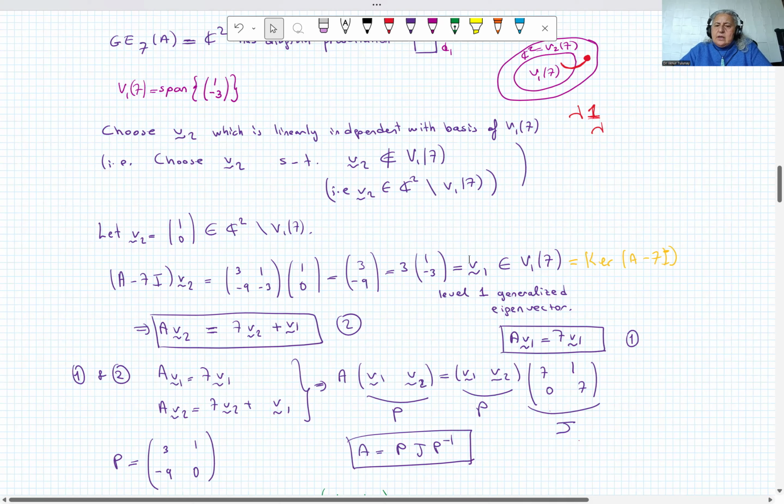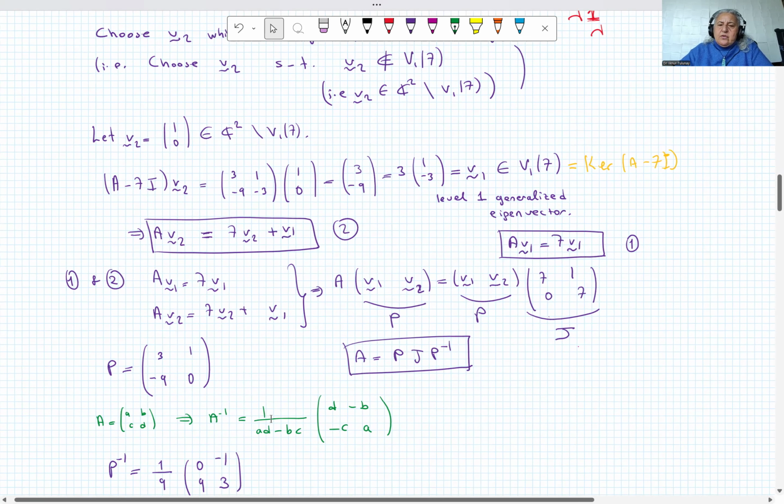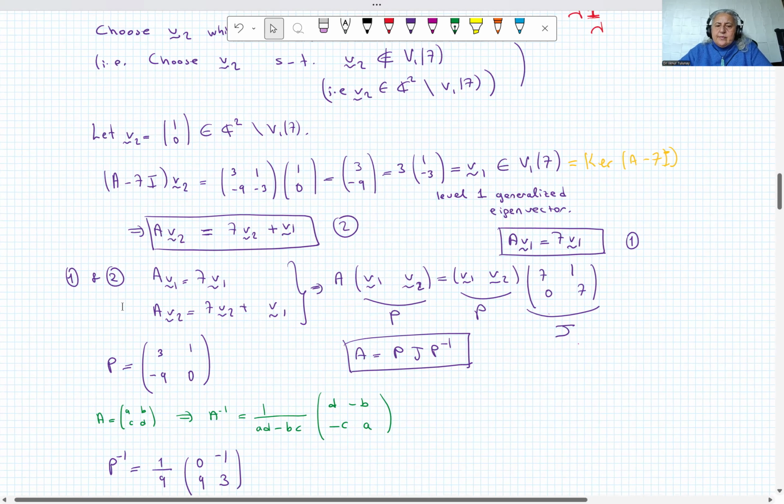But since V1 is in here, it means that it is an eigenvector of A. It means that A times V1 is equal to 7V1. So we have these two equations. These two equations can be written as a matrix multiplication.